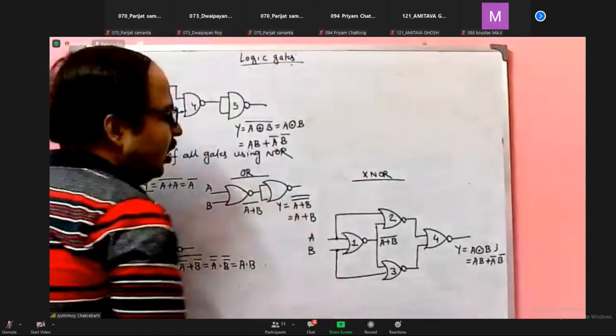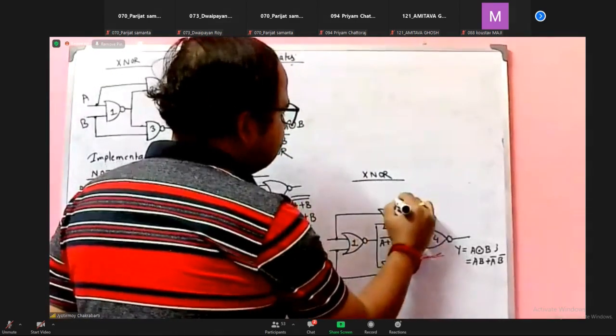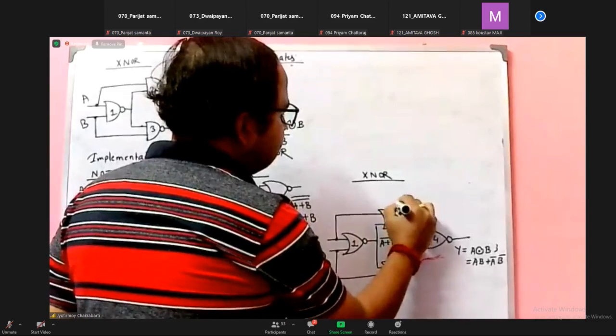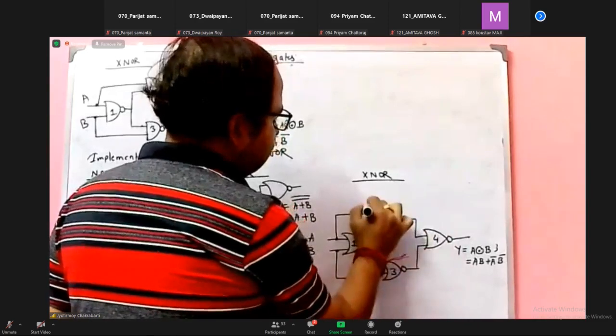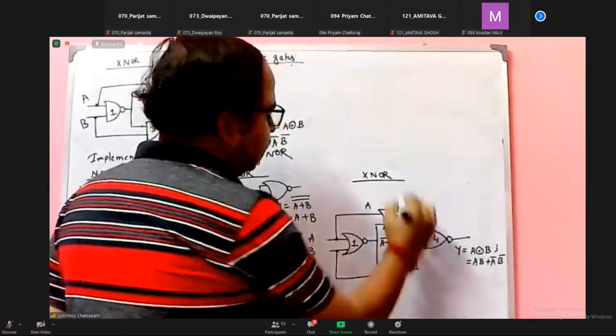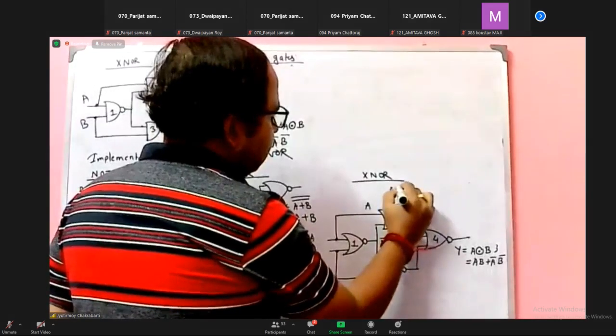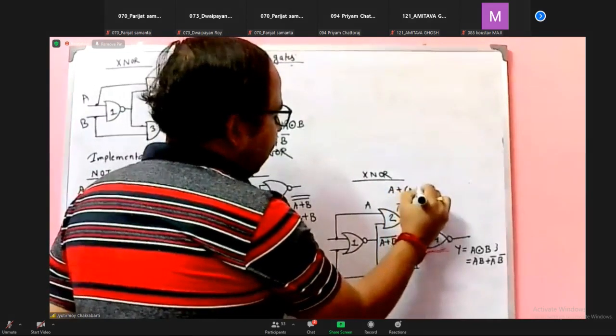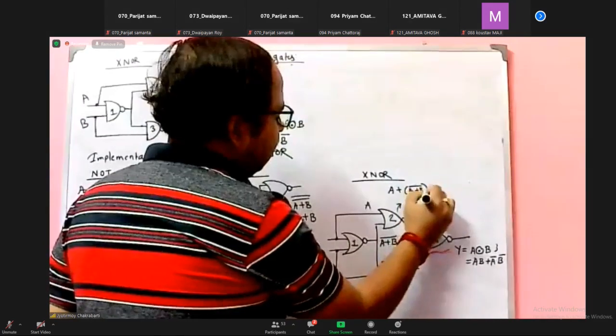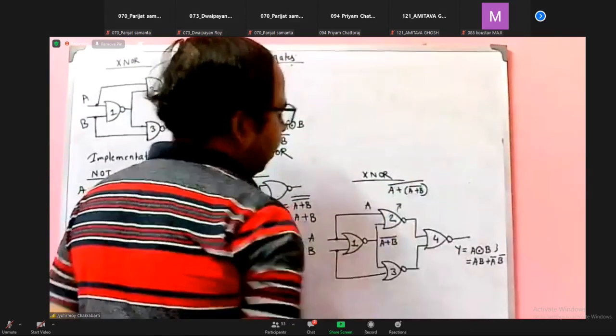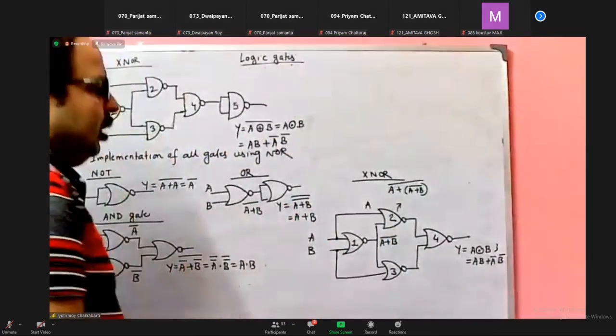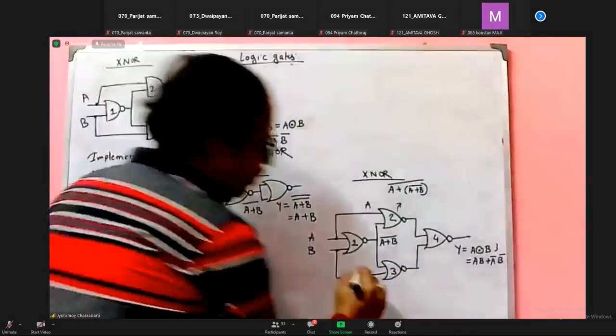What is the output of gate 2? A plus (A plus B whole bar), whole bar. What is the output of gate 3?